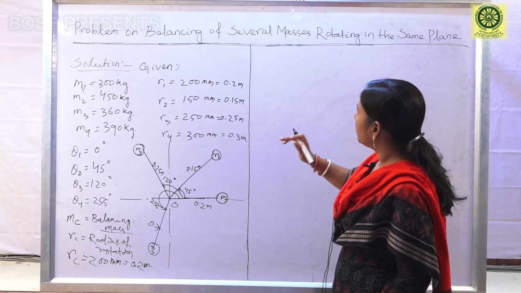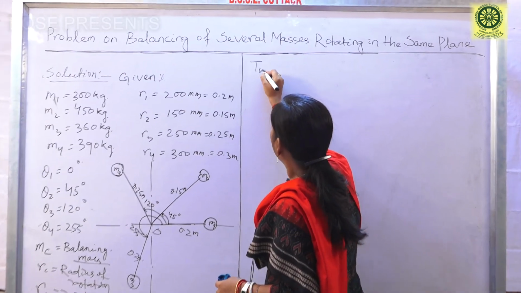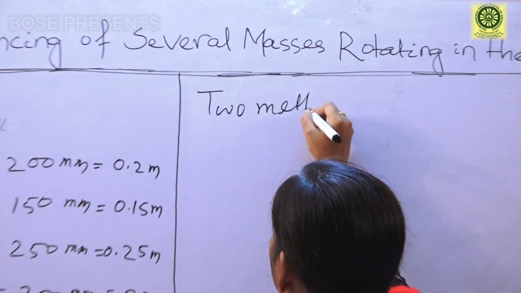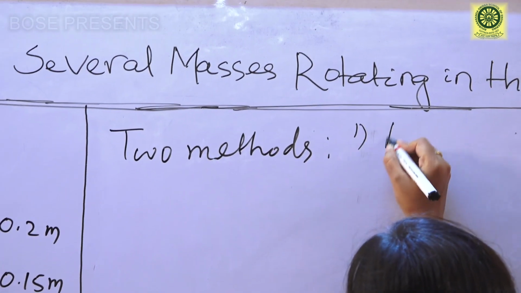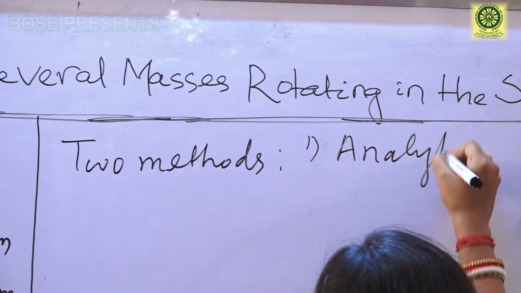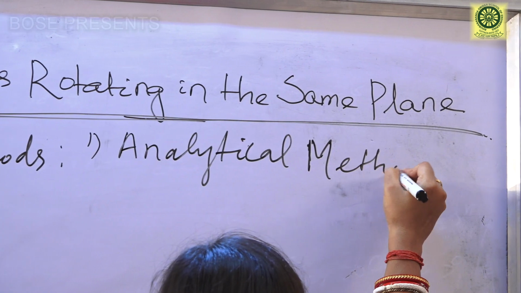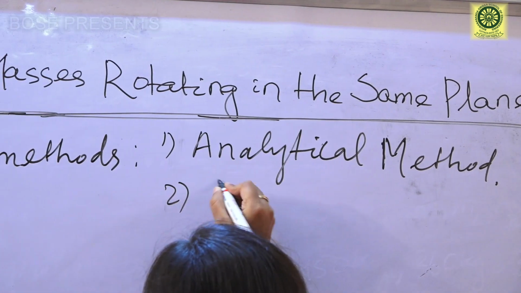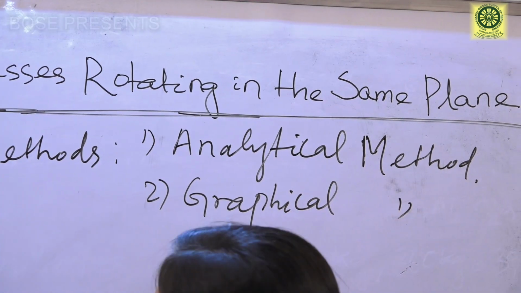So this problem can be solved by two methods. One is the analytical method and second is the graphical method.